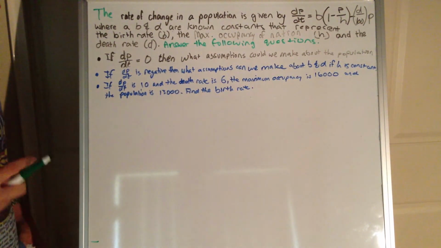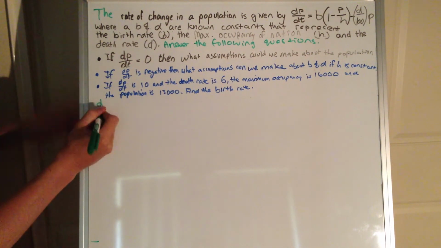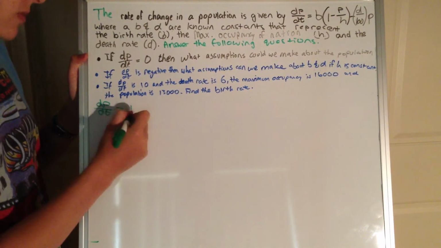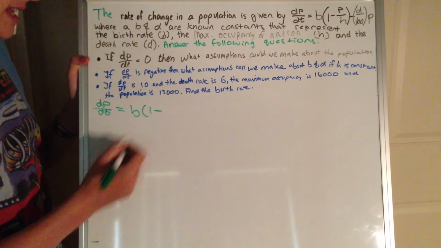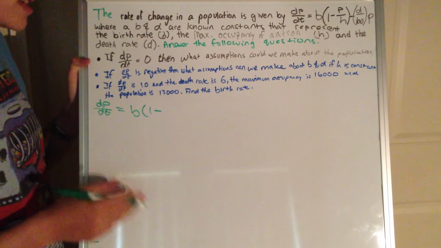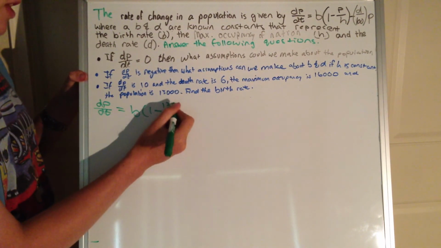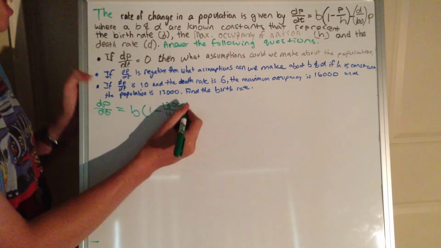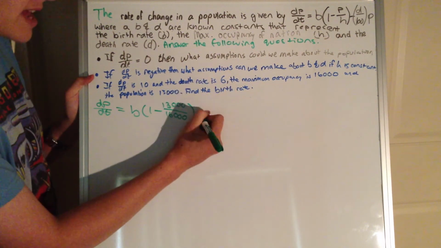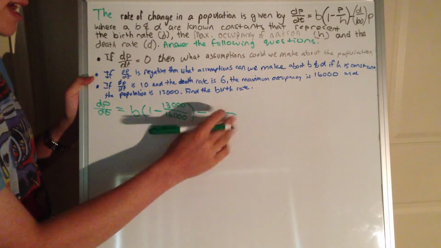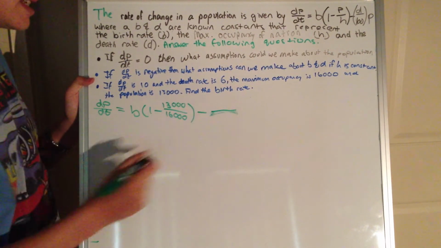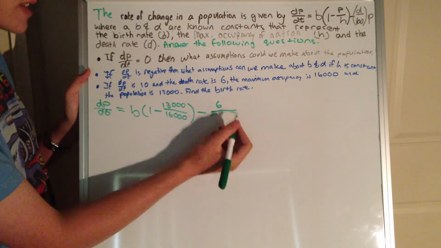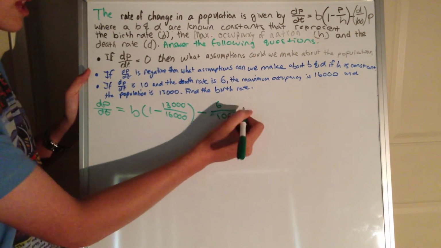So we take our original formula and rewrite it: dp over dt equals b lots of 1 take 13,000 over 16,000, and then take the death rate, which is 6 over 100 lots of p.